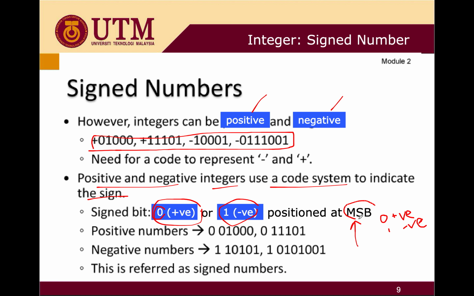Add it at the MSB. Let's say over here you have this number and you put this 0 in front to assign it as a positive number, and this one is a negative number because in front of it there is a 1 over here.